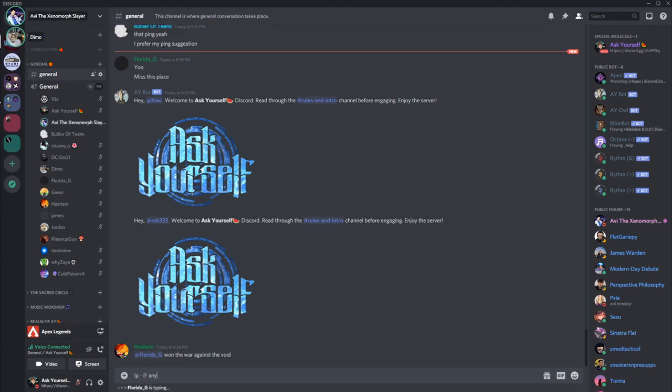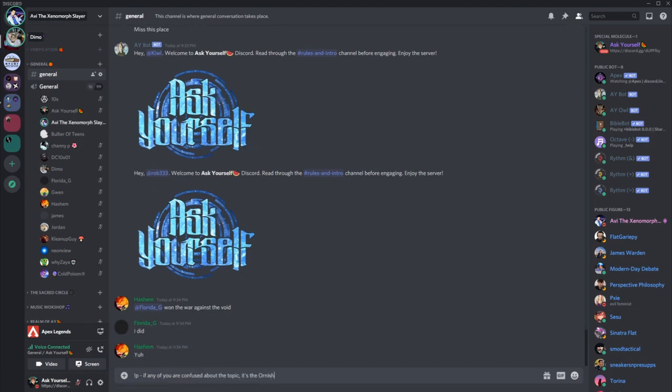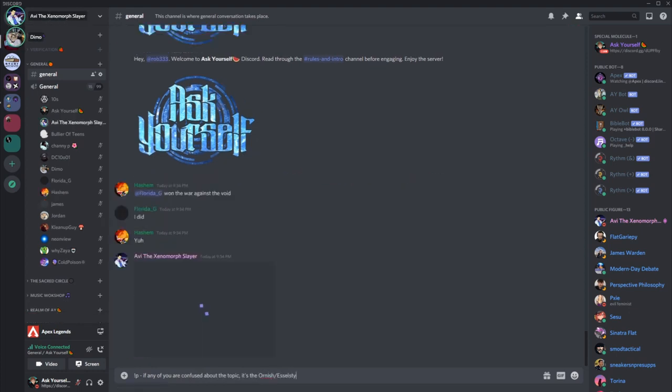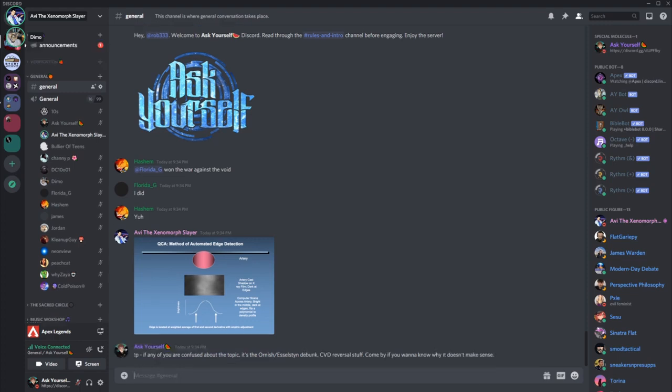So a couple of basic things here. So I'm going to be posting in the general chat. So for those who want to follow along, when you're reading quantitative coronary angiography, you're seeing the difference in brightness.